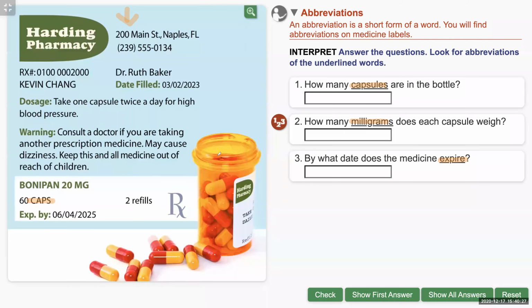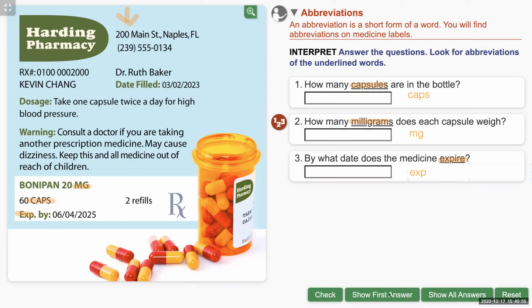If you're ready for number 2, our answer for milligrams is mg. And our abbreviation for the word expire is exp. I'll make sure to put them there so that you can see: CAPS, mg for milligrams, and exp for expire.